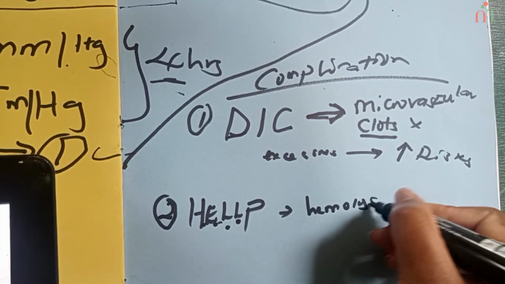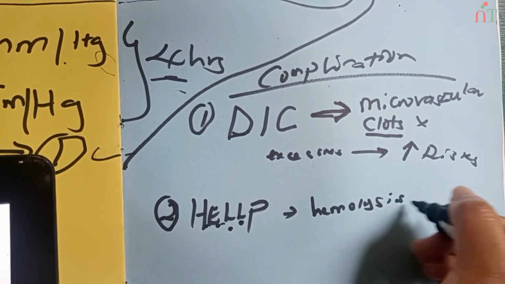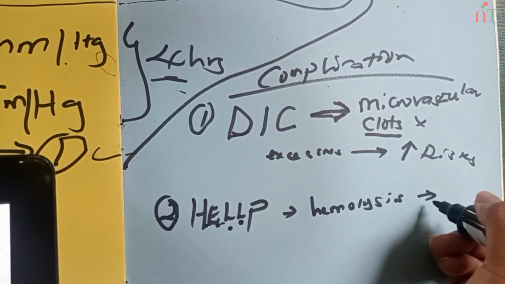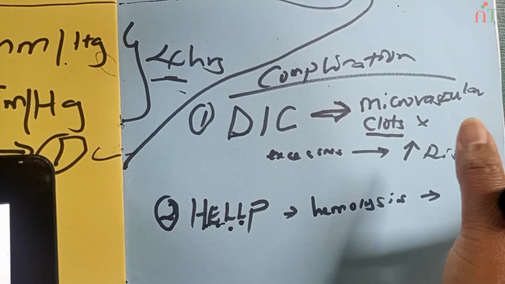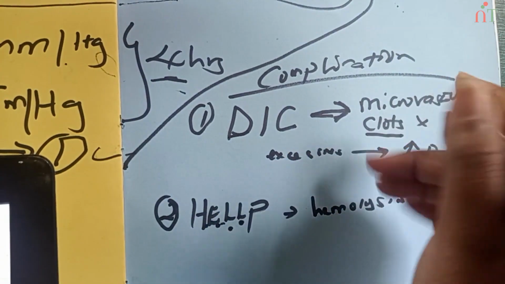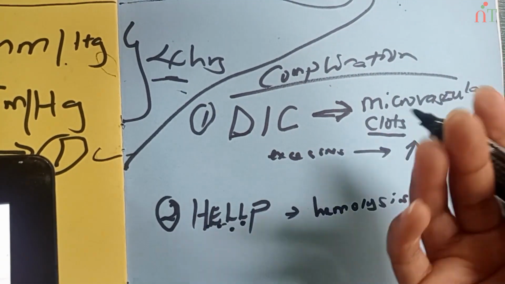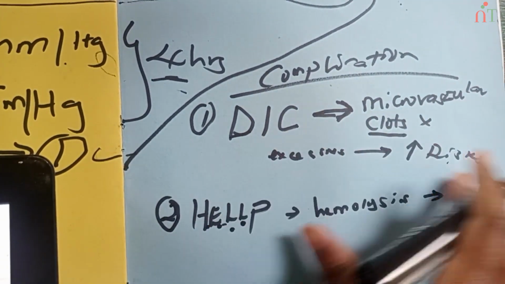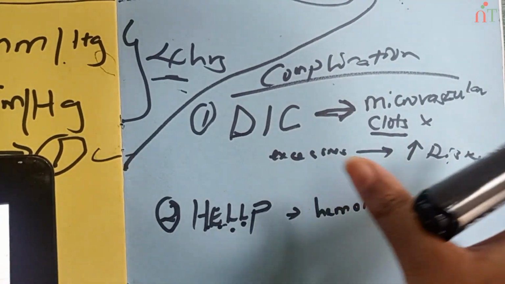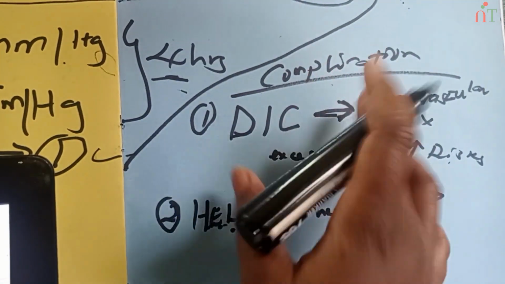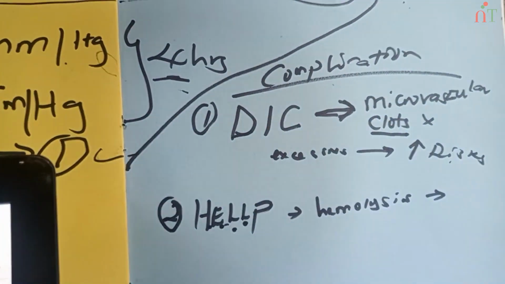As you can see, the first H here is hemolysis, the destruction of the red blood cells. As a result, there is going to be elevated liver enzymes due to liver cell injury, and also thrombocytopenia, that is low platelet counts, which we've also talked about.